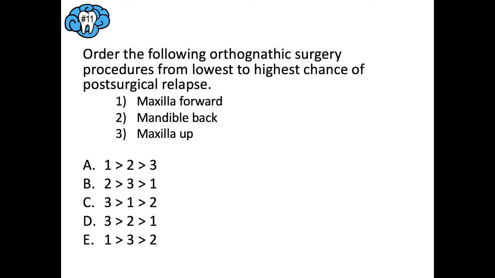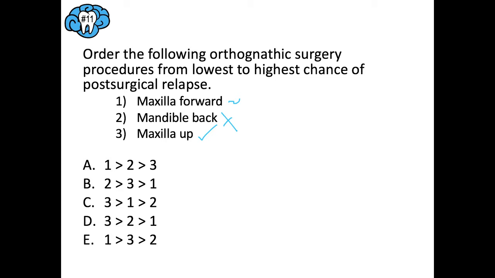Now, impacting the maxilla, which means moving it up, is one of the most stable movements that we can make in orthognathic surgery. So that's going to be towards the early part of our list. Setting the mandible back is one of the least stable movements that we can make. So 2 should be over here. And maxilla forward, a Le Fort 1 advancement, is fairly stable as well. So that might be somewhere in the middle.